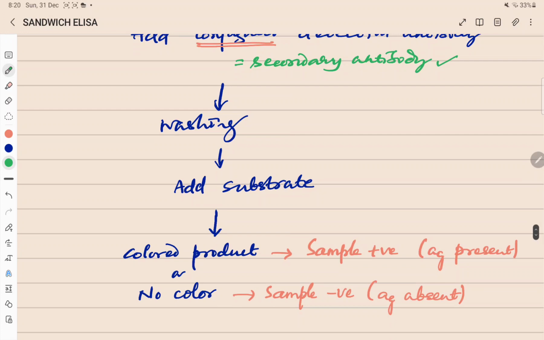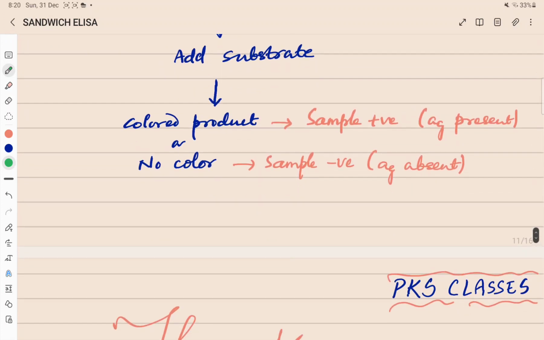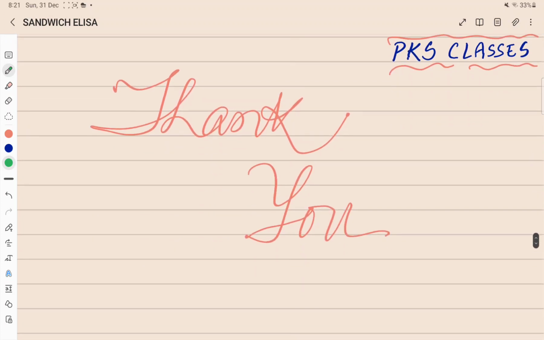If there is a colored product, the sample is positive, antigen is present. If there is no color, the sample is negative, antigen is absent. So this is all about sandwich ELISA. Thank you.